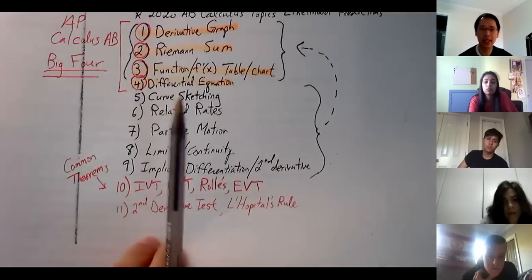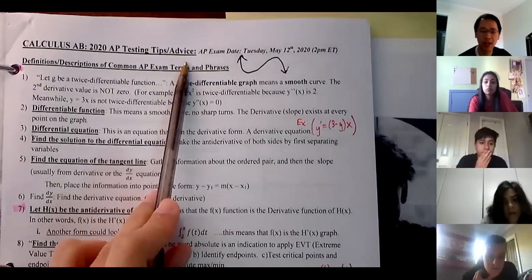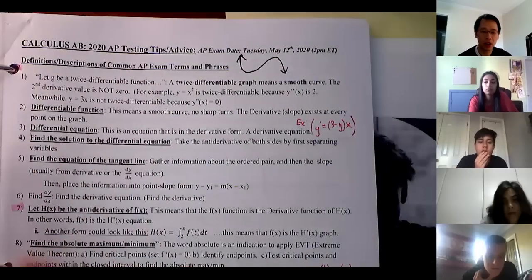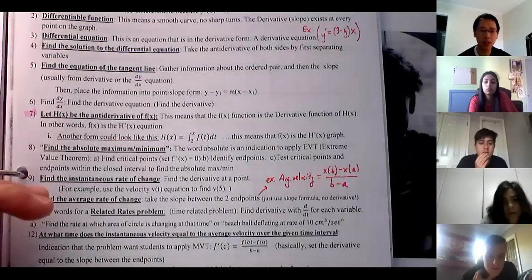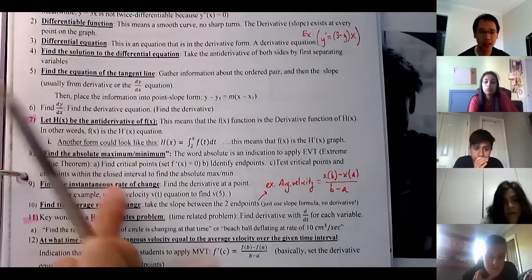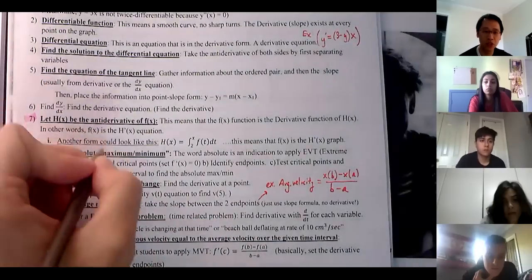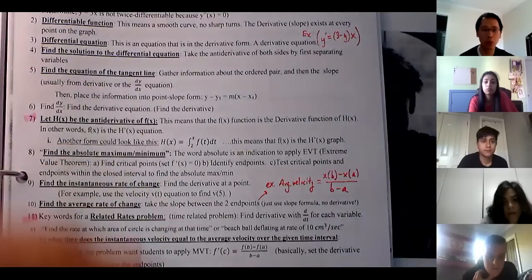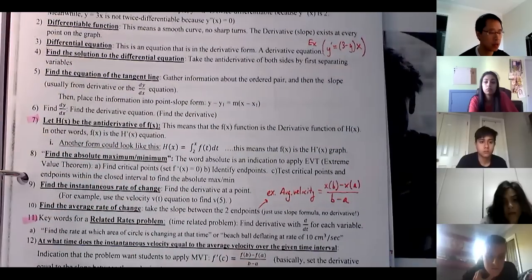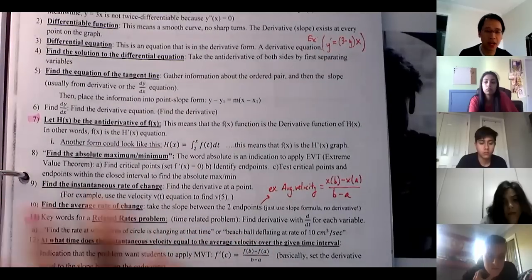So it's important that you guys get a chance, if you haven't already, to go through the testing tips and advice, because these are some of the most common terms, common phrases, catchphrases that College Board likes to use. So you want to make sure that as soon as you see those words, you know what to do. You know what to expect. You're on top of it, you're not looking at your notes and trying to figure things out, right?